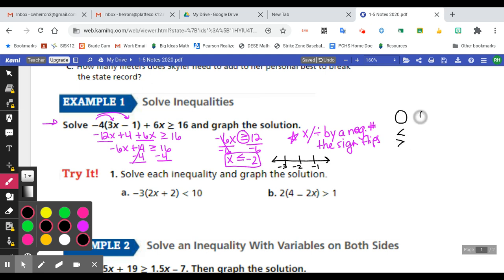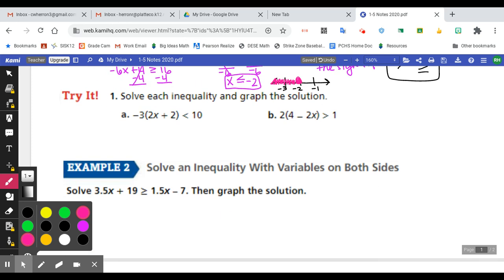If it's a closed circle filled in, then that would go for less than or equal to, greater than or equal to. Okay, so here's your remembering for your symbols. So this one is less than or equal to, so I'm going to fill it in, and less than goes to the left, so I'm going to color in to the left.